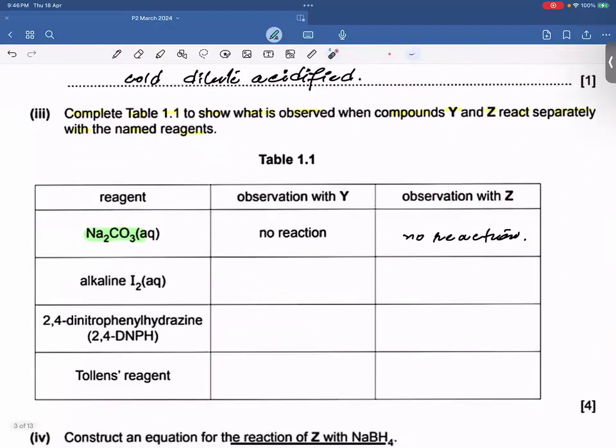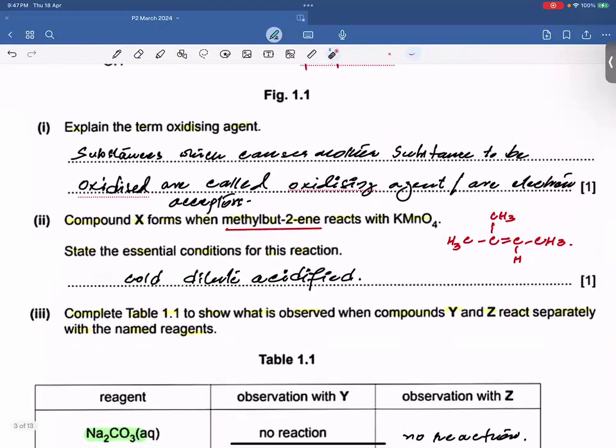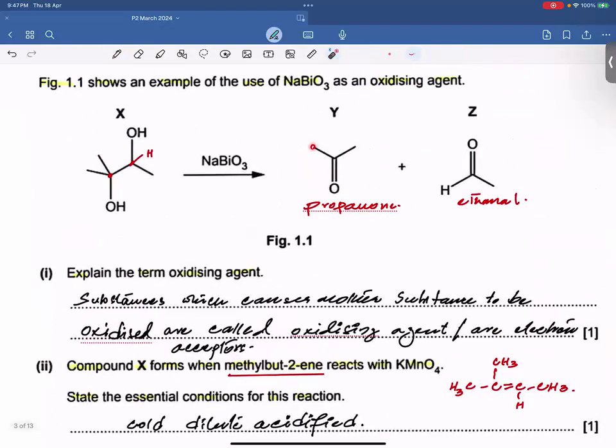Alkaline aqueous iodine, according to my lecture, works effectively on aldehydes and ketones whenever you have a CH3CO group available in the molecule. So we need to check whether this group is there in both Y and Z. Let's check. This is CH3, this is C, this is double bond O. So the CH3CO group is here, which means Y can give you the iodoform test very easily.